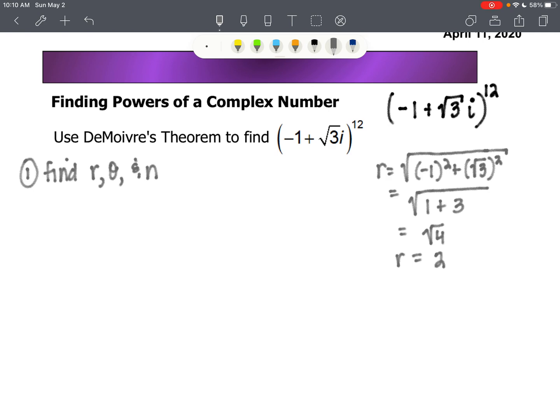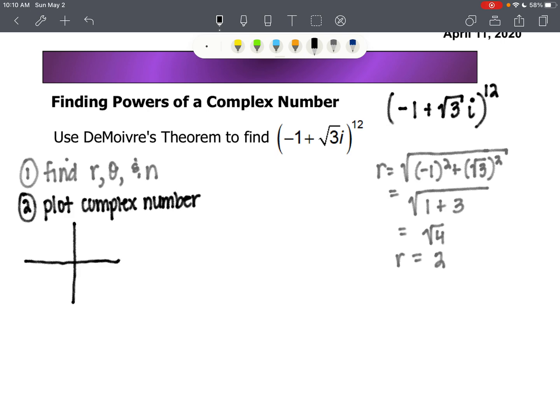Theta, in order to find theta, it might be helpful to graph or plot your complex number to make sure that when you're finding r and theta, your answer makes sense. So when I plot this, I'm going to be in quadrant 2, and I'm going to be somewhere right around there.